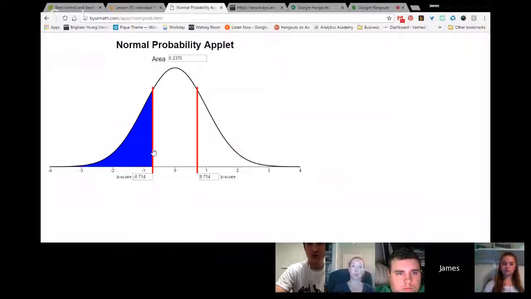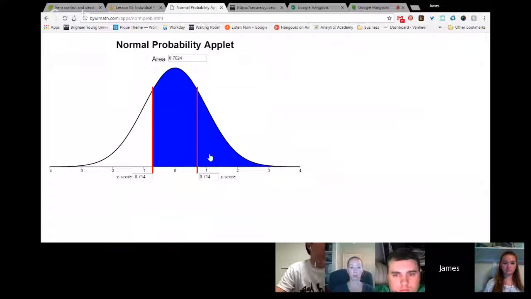And then the next one is really easy, because now we can either subtract that from 1, or we can just highlight these areas and it gives us the answer for 14, which is 0.762. Because you're just doing the opposite.